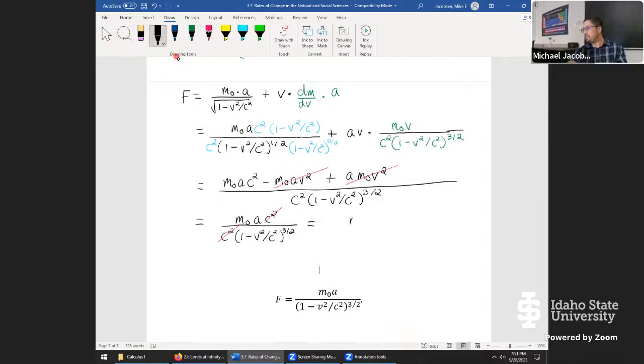And we end up at an answer that, I mean, it's still mysterious. The physicists assure us this is the right answer, but it's m naught times a over 1 minus v squared over c squared to power 3 halves. Double checking, that is what we were going for. So pretty tough problem. Any questions at all, folks, on getting through this one?